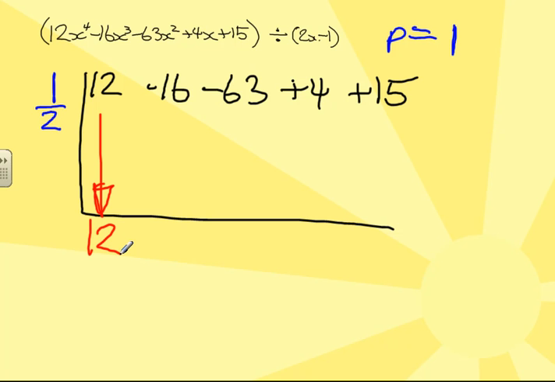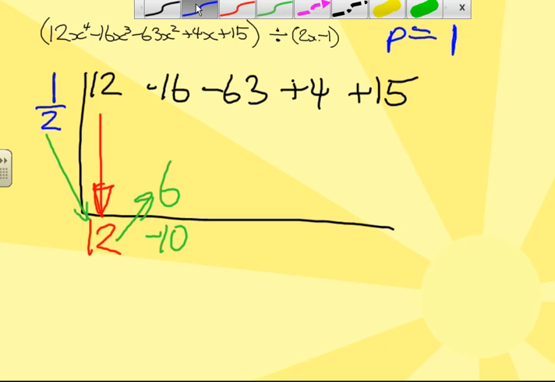Our next step is we're going to take these two numbers, multiply them. So 1/2 times 12 is going to give me 6. Put the answer up there. So I have 6. 6 minus 16 is going to give me minus 10. Right, let's switch colors again.